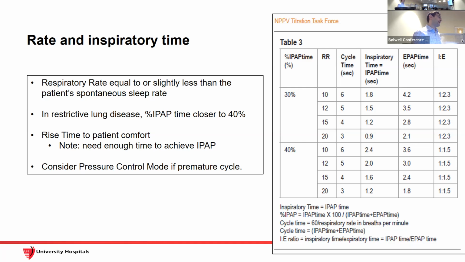We see that not only in any condition where you have chronically high CO2. So let's say very bad OSA, 4+ tonsils, obese, tonsillectomy, and then they can have central apneas from that.